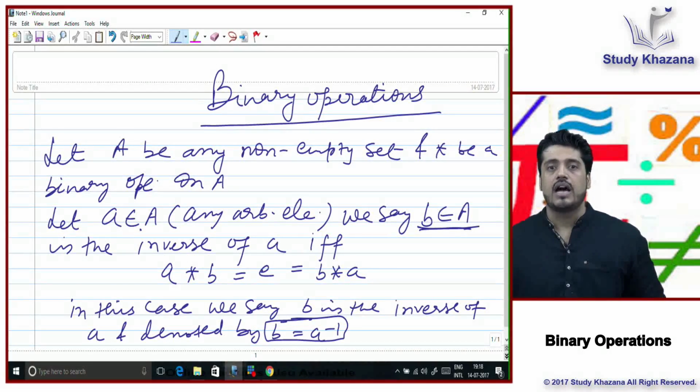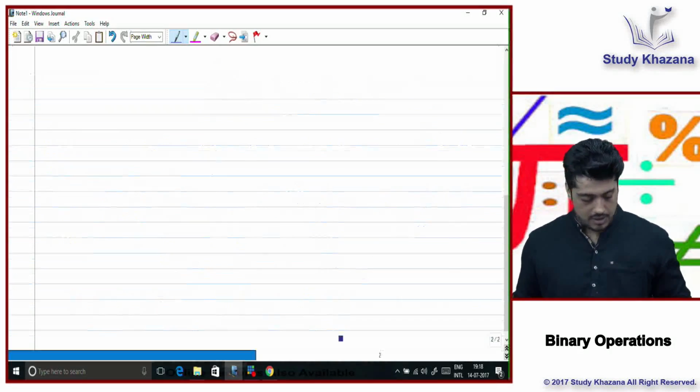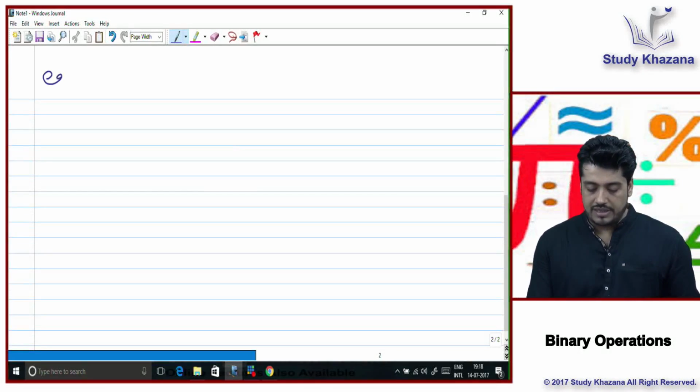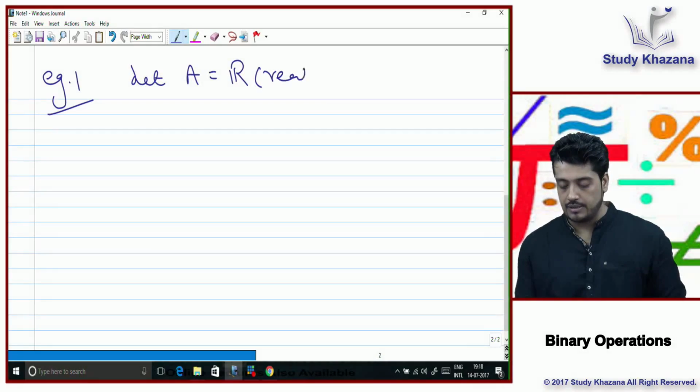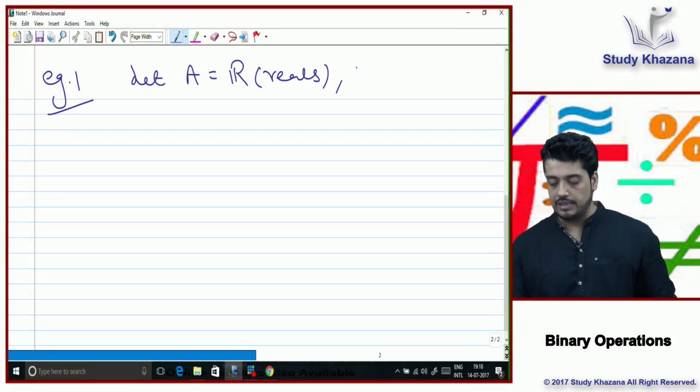First example, I will take the set of real numbers and star is usual addition on real numbers. Let A is equal to R, that is the set of reals, and consider star as usual addition.